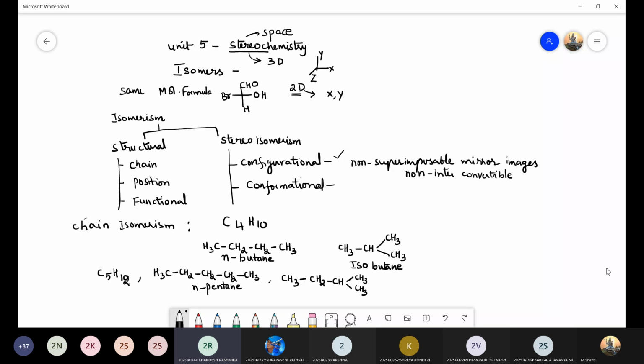Now, three, ma'am. You can write three isomers. Isopentane. The third one would be neopentane.